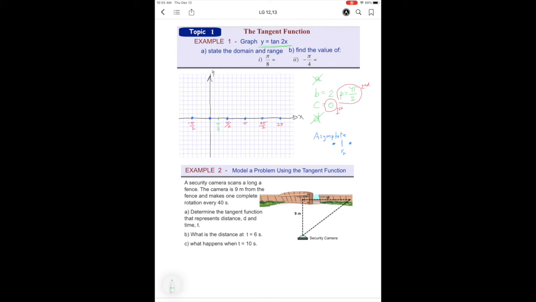So it's good to label the closest one to the x-axis, so I did that. I know there's going to be an asymptote right through there, and the same thing at all these halfway points. So I'm going to draw those in, and one over here. Okay, now I have it set up.